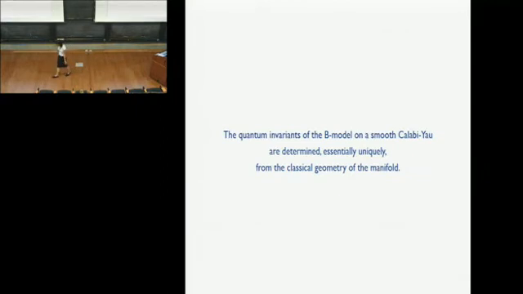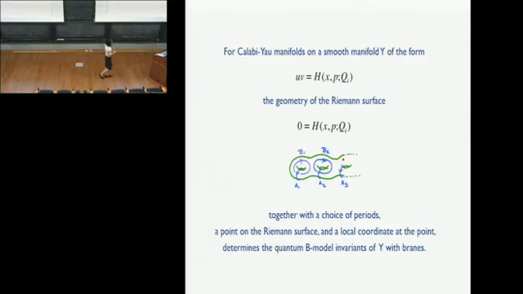Now, if you take a smooth Calabi-Yau, then its B model invariants are determined essentially uniquely from the classical geometry of the manifold. For Calabi-Yau manifolds of this type, the geometry in question is the geometry of this mirror Riemann surface, together with a finite set of data: the choice of periods of the Riemann surface, the marking, the A versus the B cycle, a point on the Riemann surface, if you're interested in studying open string invariants or D-branes, and a local coordinate at that point.